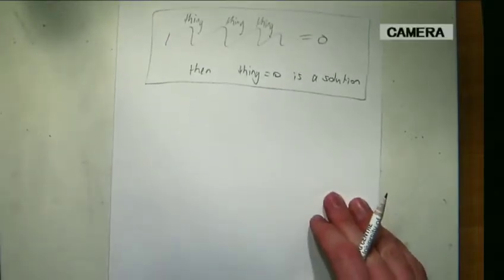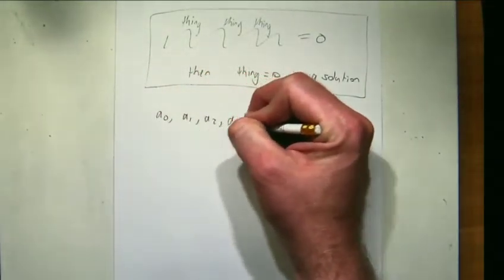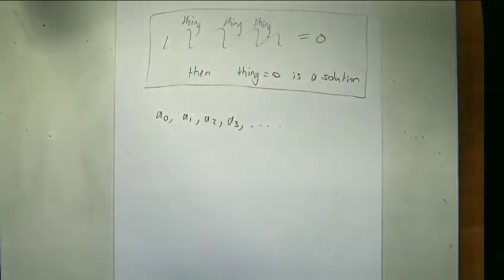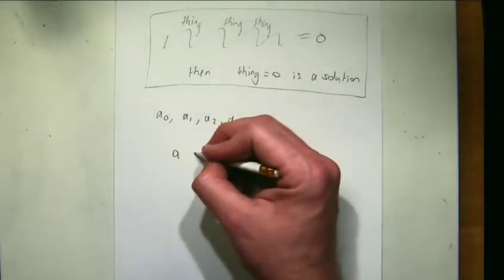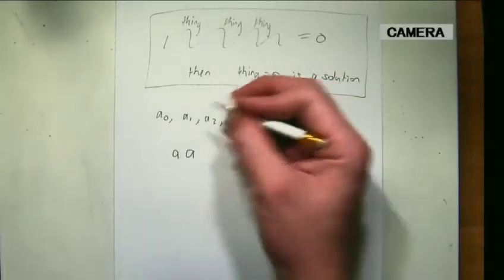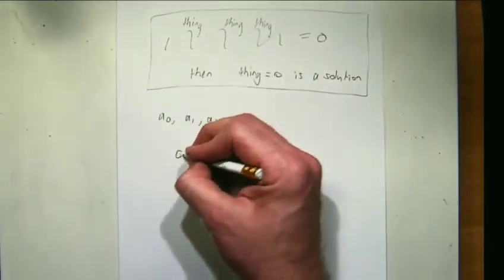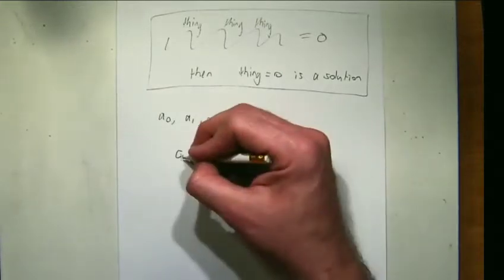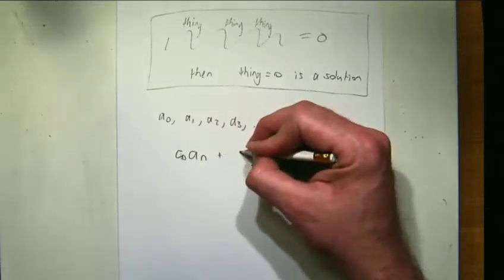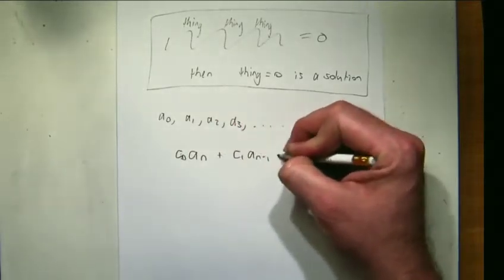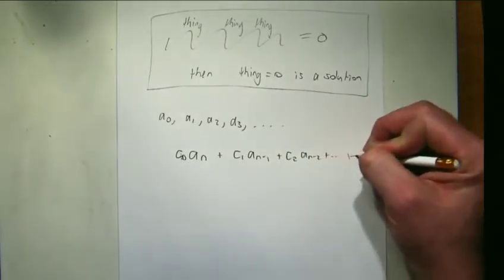So the idea is that you have a sequence, and you're told that no matter what the numbers are that you're up to, C0 AN plus C1 AN minus 1 plus C2 AN minus 2 plus, and so on, comes out to 0.